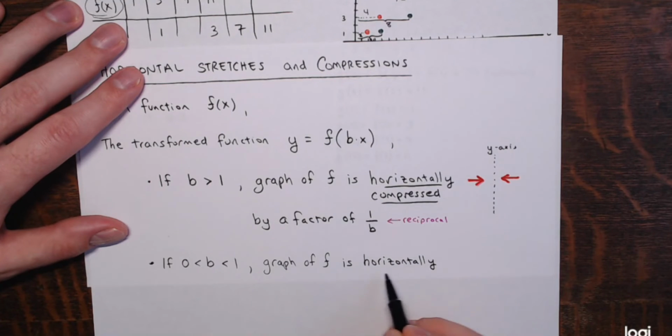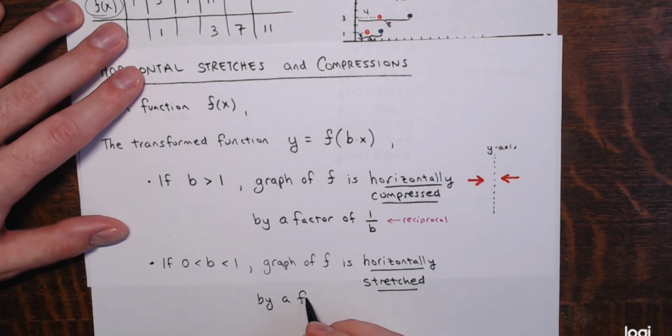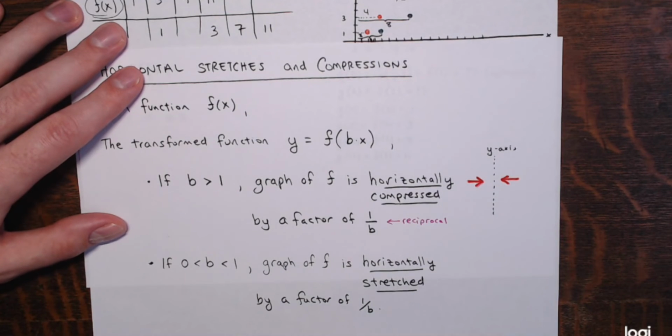And once again, by a factor of not b, but 1 over b. Again, the reciprocal of b, like we saw in example 4, or example 17 from the reading.